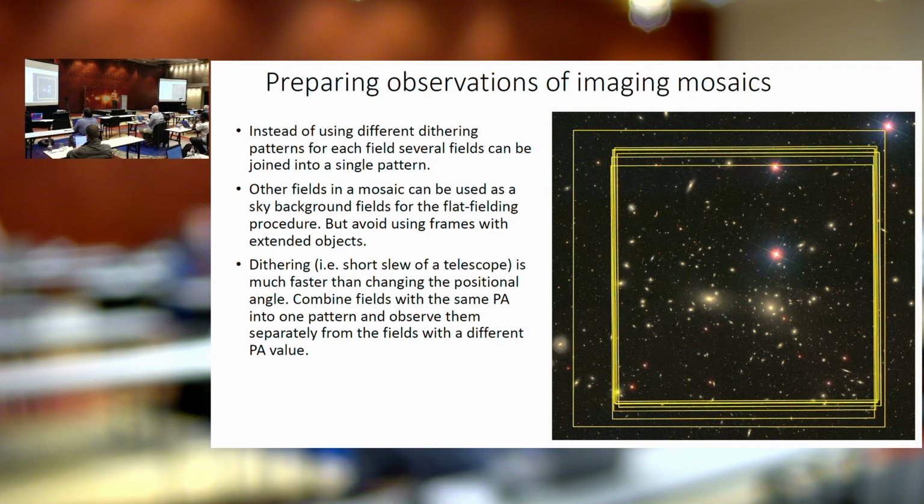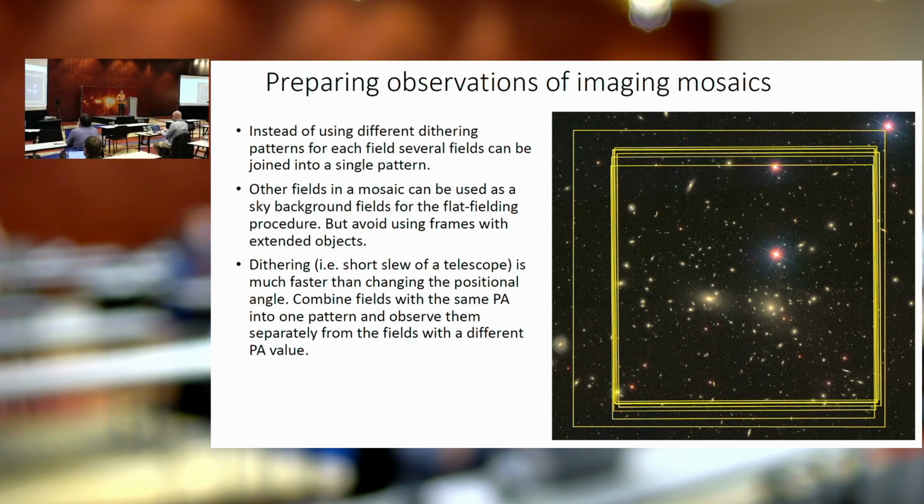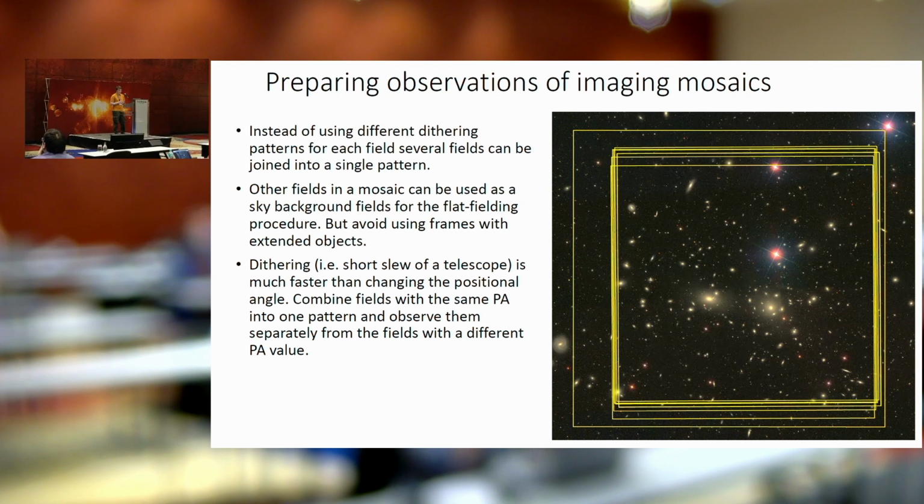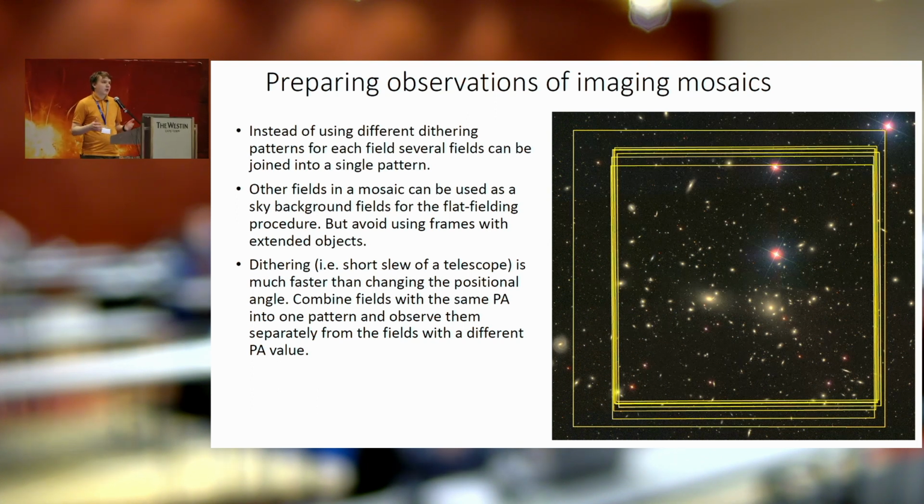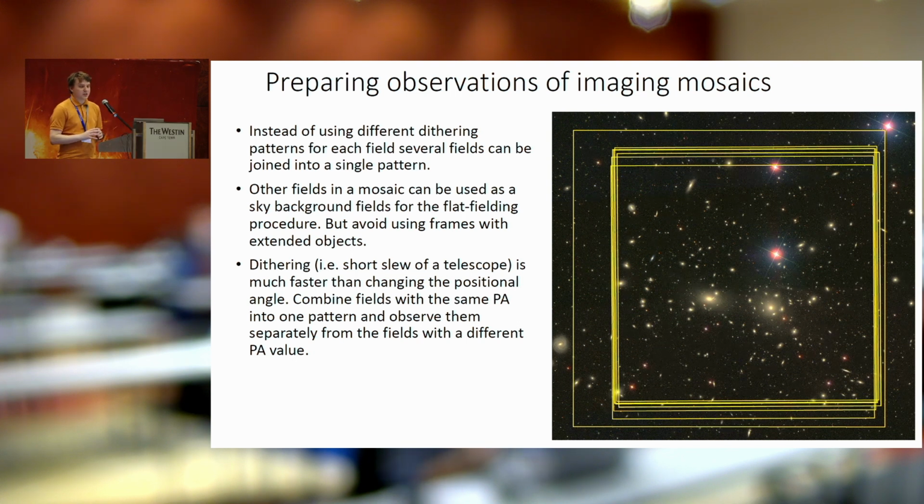And as I said, in infrared bands, you need to do dithering. And the dithering procedure, that is, shifting the telescope, is a low-cost procedure for telescope time, because it takes much less time than, for example, changing the positional angle of the instrument or the telescope.